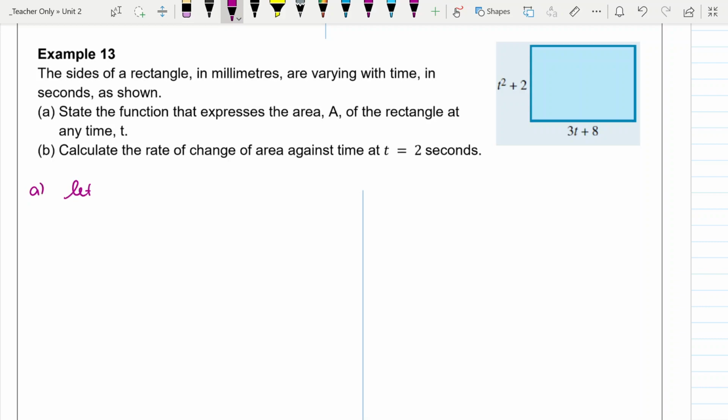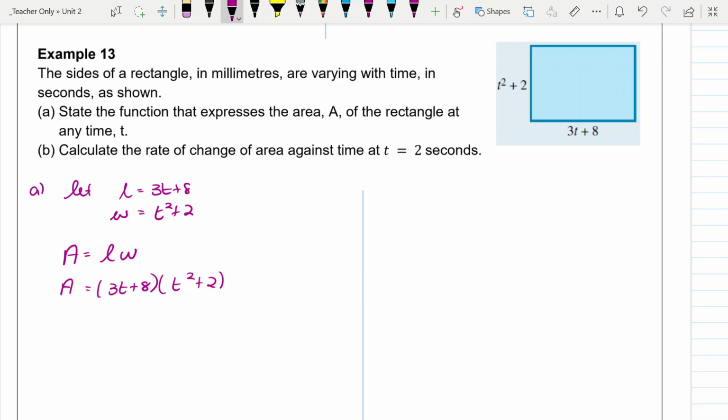We're going to let the length equal 3t plus 8 and our width be t squared plus 2. Now we all know that the area of a rectangle is length times width. So that's going to be 3t plus 8 multiplied by t squared plus 2. That's my function that is giving me the area of our rectangle at any time t.